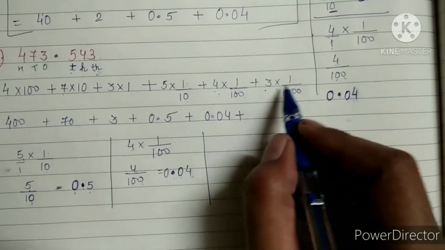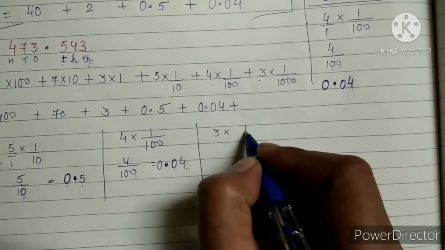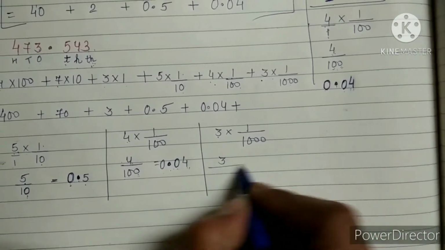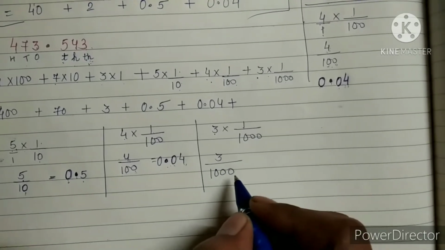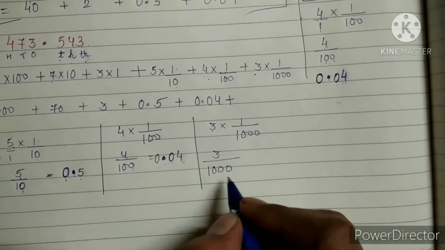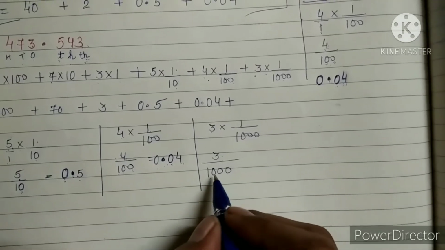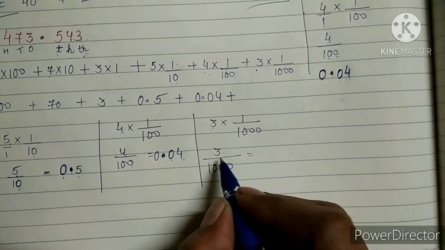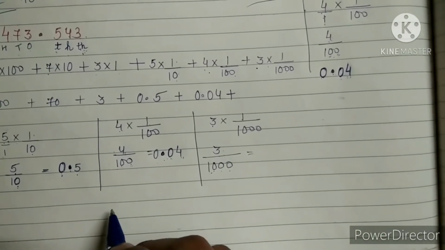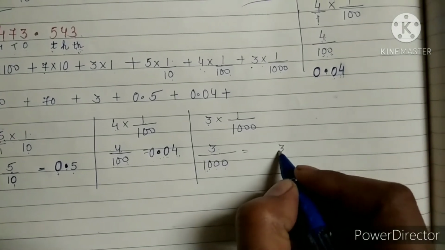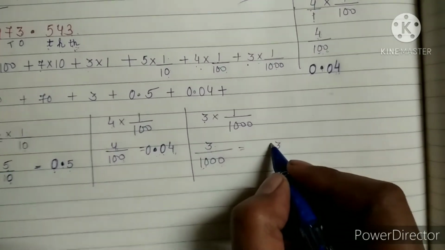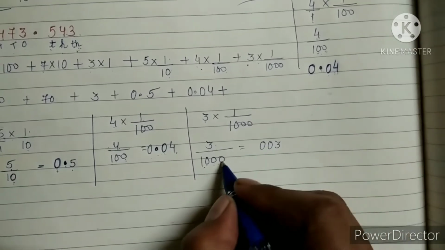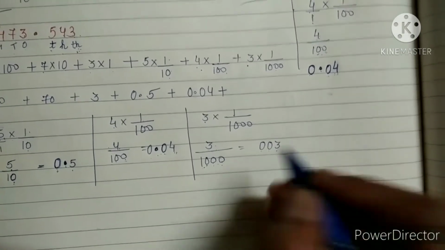Plus 3 into 1 by 1000. 3 times 1 is 3, and here we have 1000, which has 3 zeros. It means after leaving 3 places we can put the decimal. The first place is 3, the second place will become 0, the third place will become 0. 1 2 3, over.